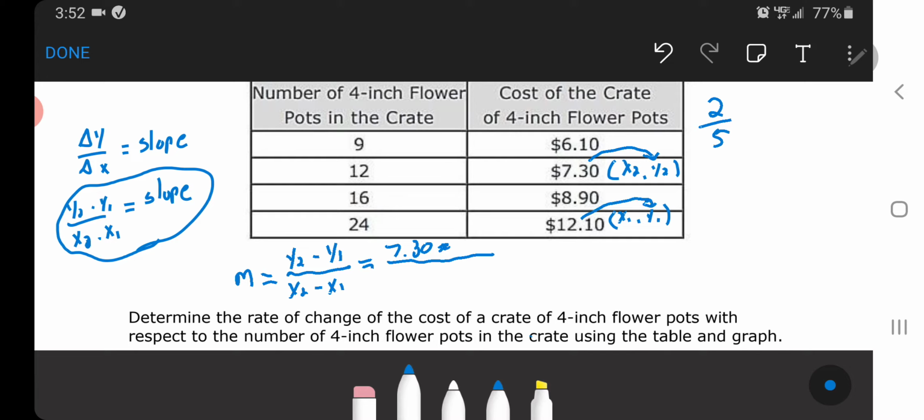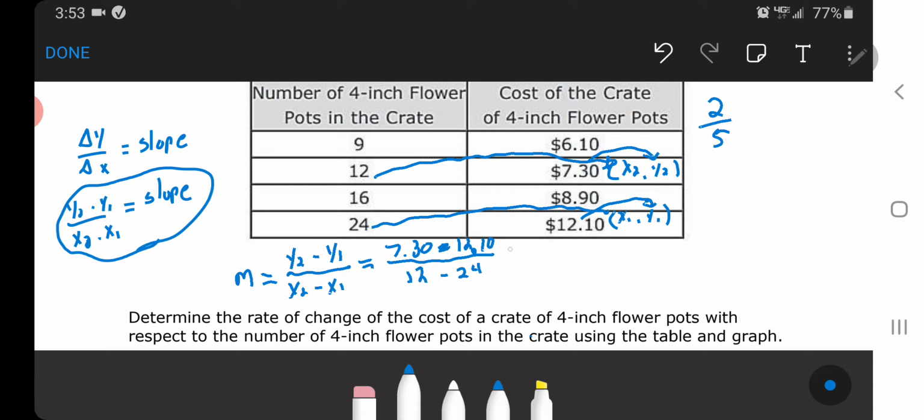Once again, that's just naming the points. My x2 down here, I'm representing it with 12, and minus my x1, which in this case I'm letting it be 24.